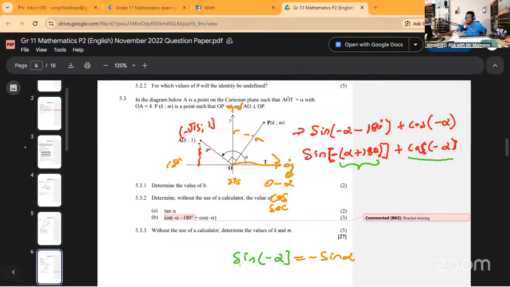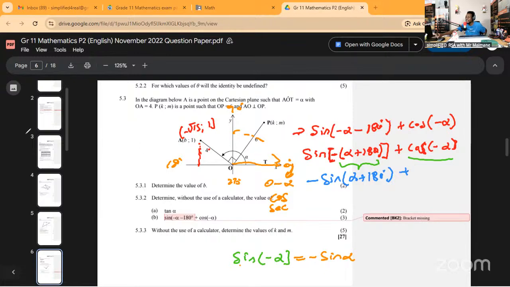So that would be your first step, because I know you will see why I'm saying this. So we would have minus sine alpha plus 180 degrees, because so far I only solved the negative part of it.